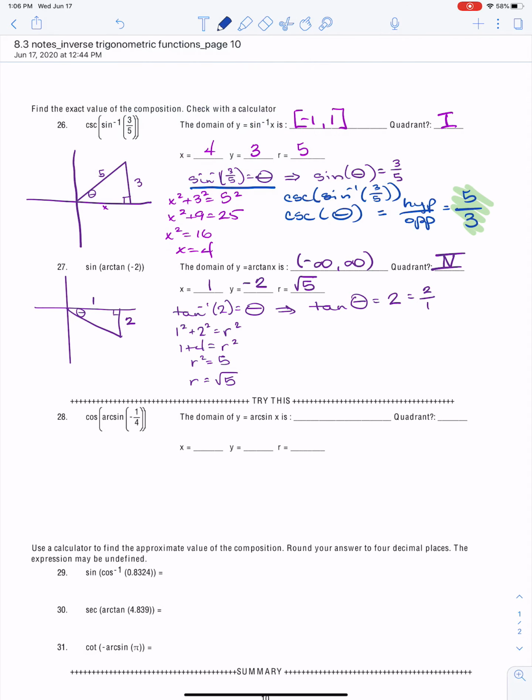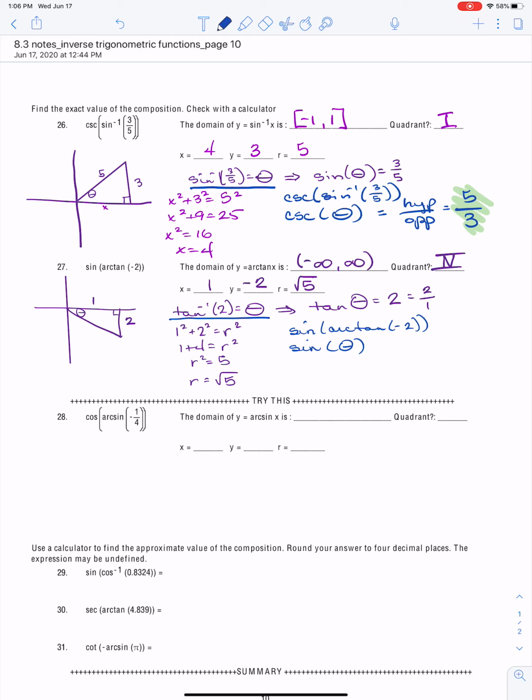So now I'm going to do the same thing I did up top. I want the sine of the arctangent of -2. Arctangent of -2 we're going to call theta. A lot of people are rattled by the fact that we don't actually know what theta is. It's more of a placeholder here. We can use the ratios to label a couple sides of our right triangle.